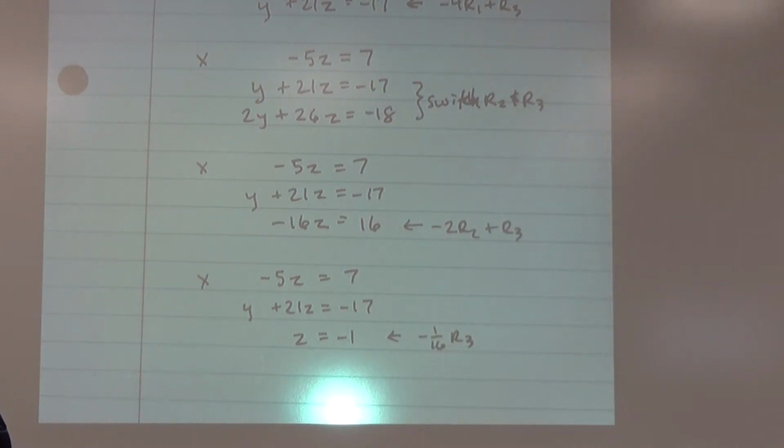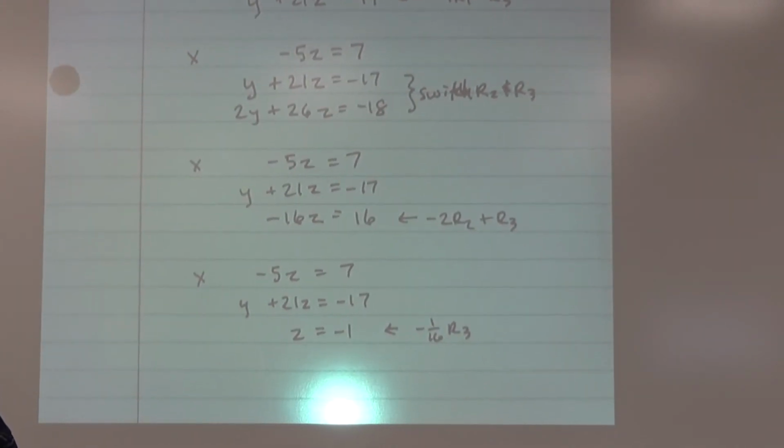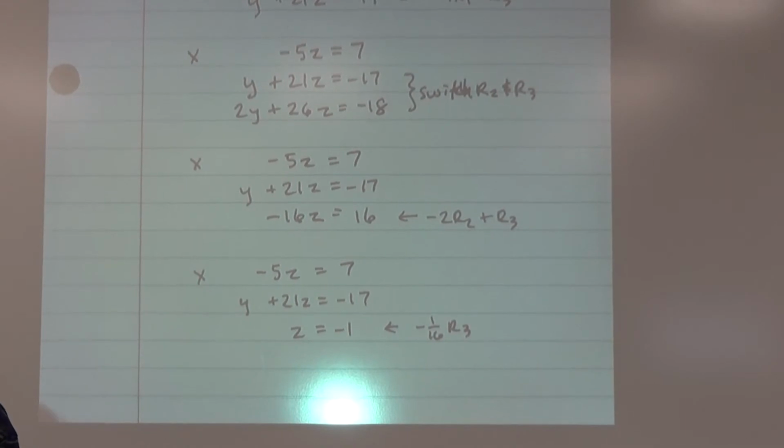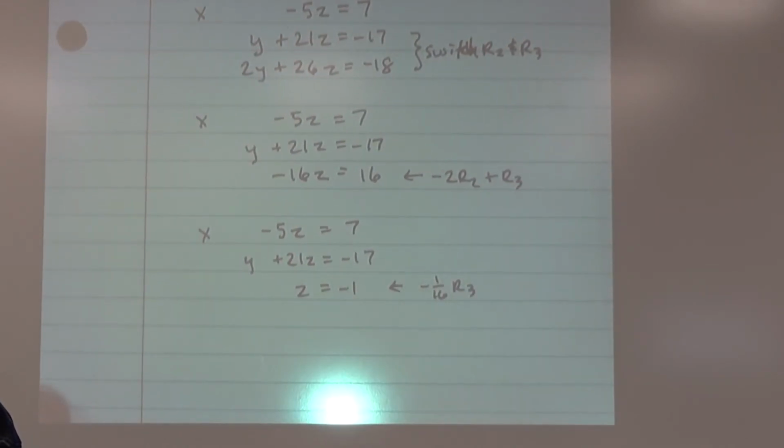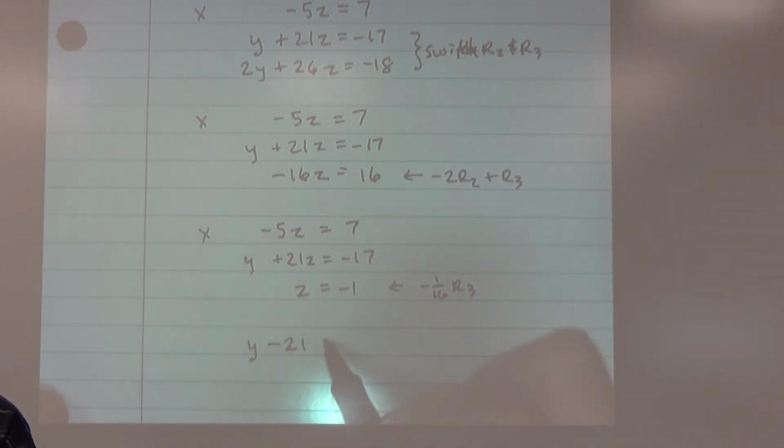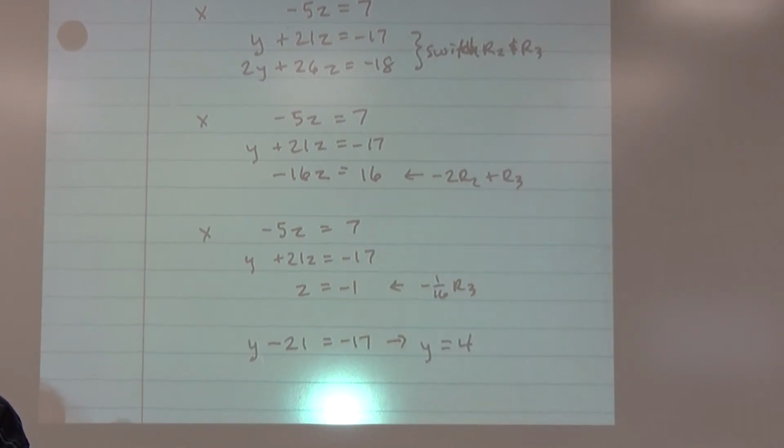And our system is now in row echelon form, and we can solve that by back substitution. We already know what z is, so let's replace this z with negative 1. We get y minus 21 is equal to negative 17. So if we add 21, y is going to equal 4.